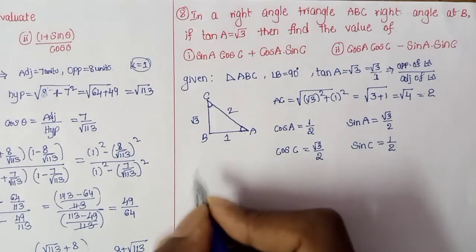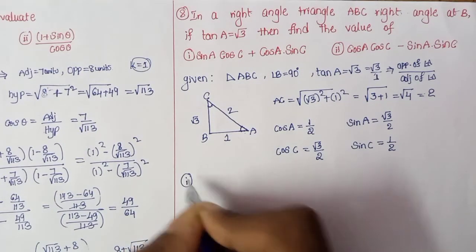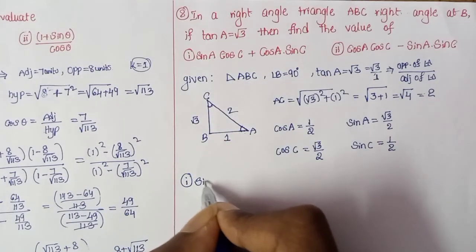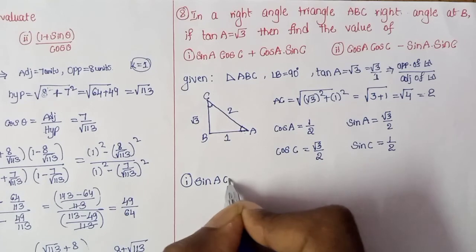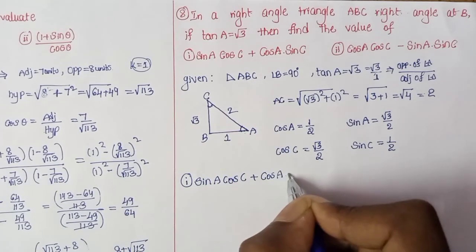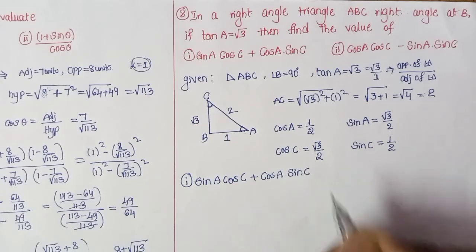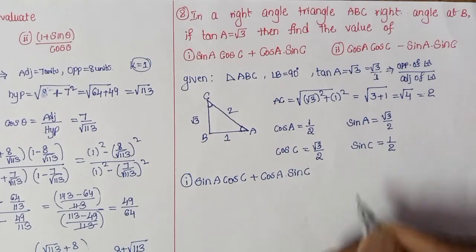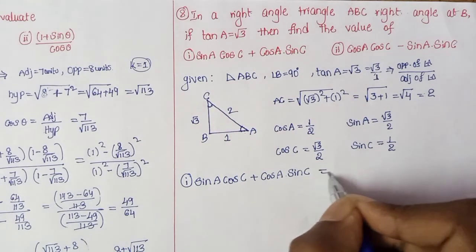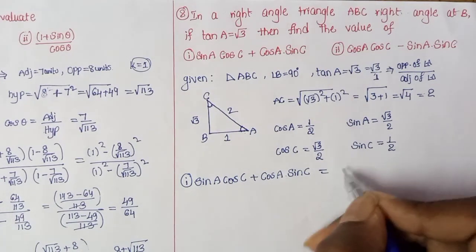So let us evaluate what they have asked. The first one is sin A cos C plus cos A sin C. This is what they have asked. What is sin A?